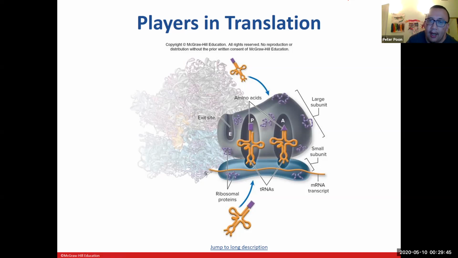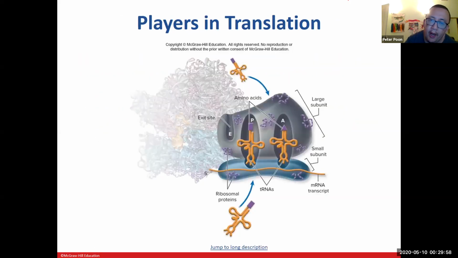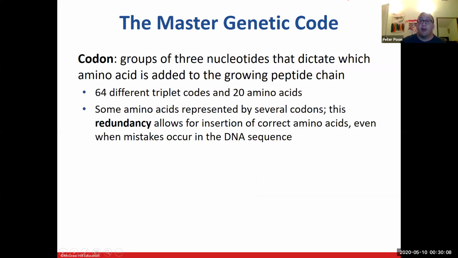What happens is you bind the tRNAs to the right spot, and then the sites shift over one. The P gets added to the A, and then the A shifts into this position, and then you add the next one. We'll go over that again. Don't worry about that.